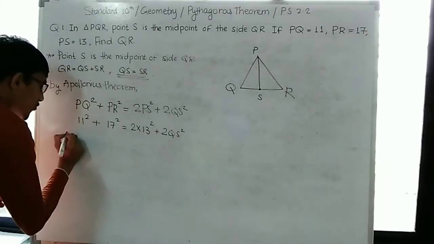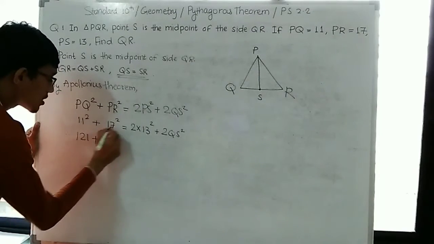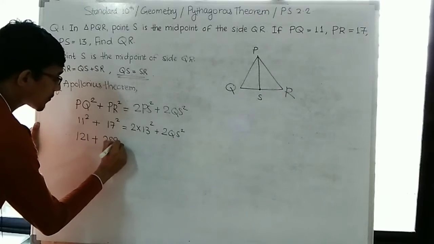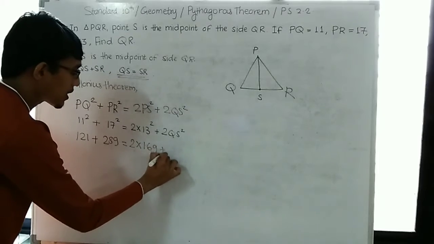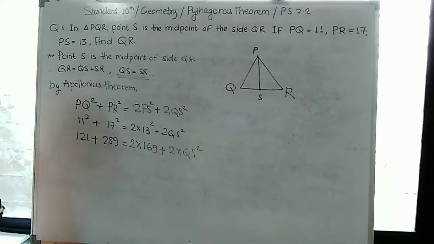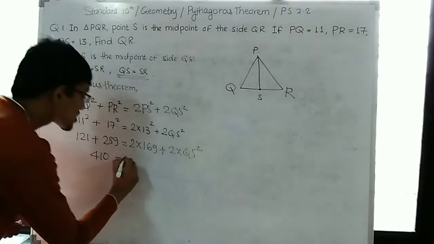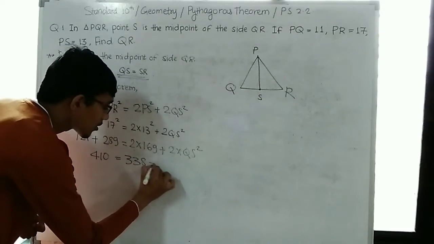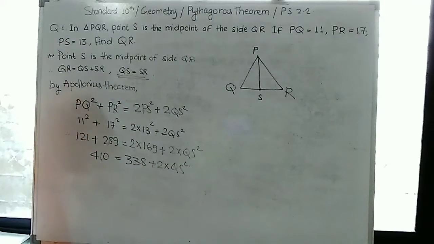Therefore I can write the square of 11 is 121 plus 17 square is 289 is equal to 2 into 13 square is 169 plus 2 into QS square. Now 121 plus 289 is 410 is equal to 2 into 169 is 338 plus 2 into QS square.